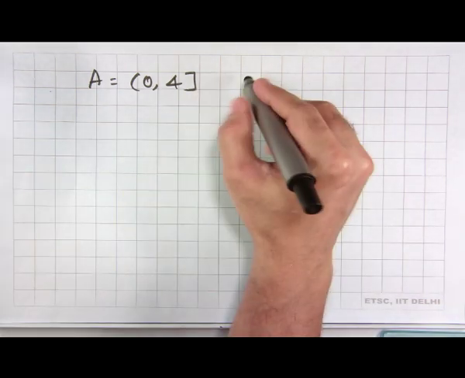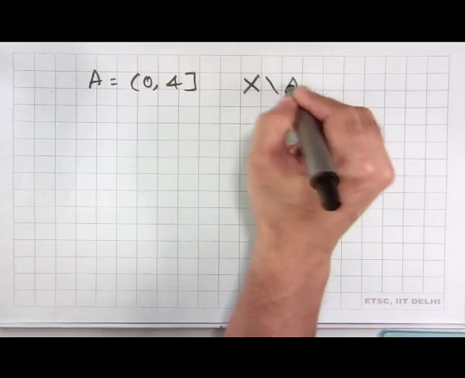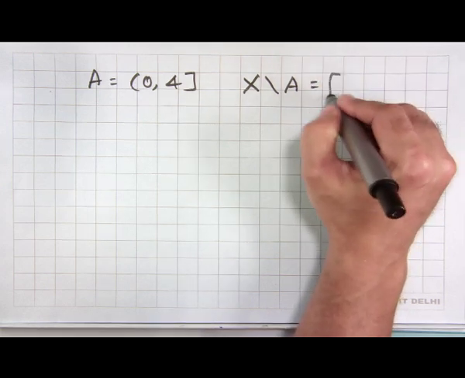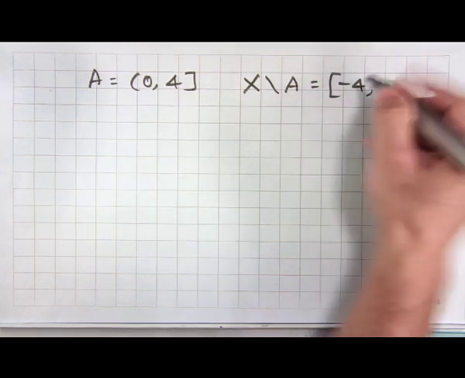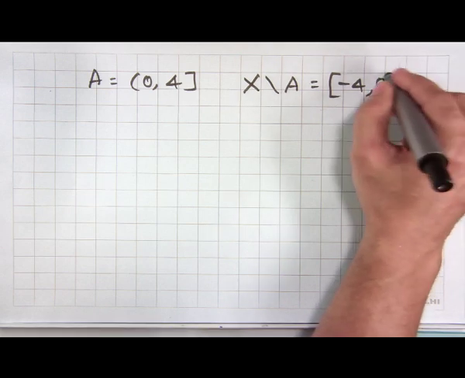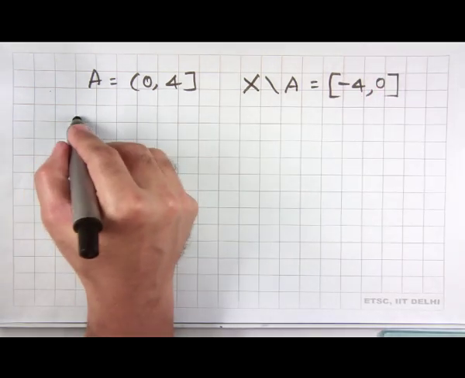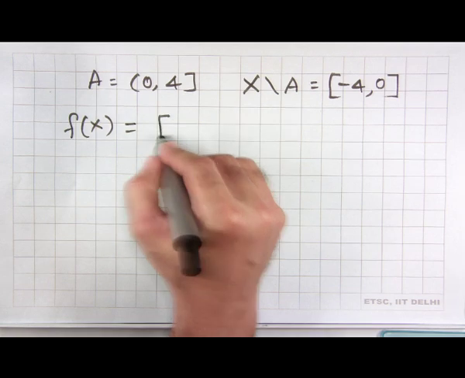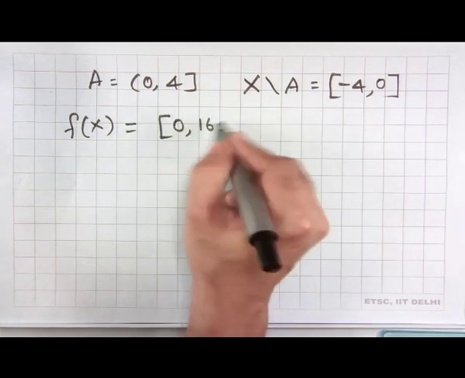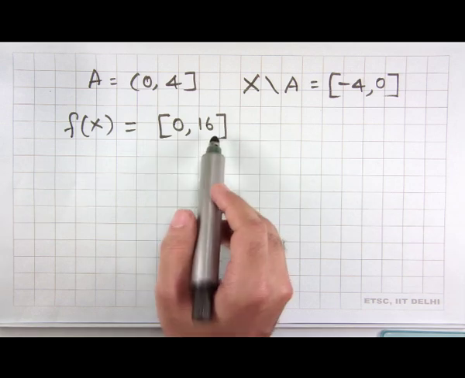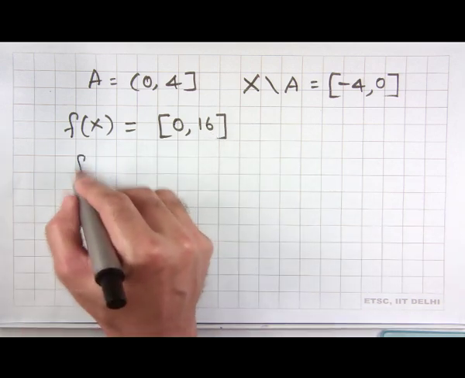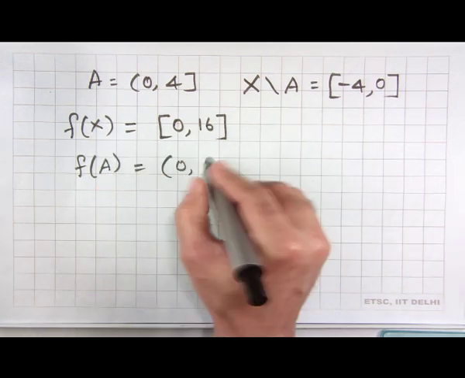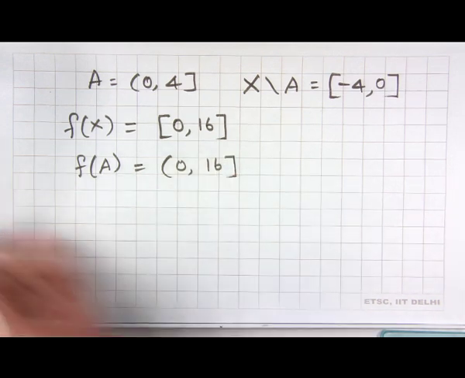Here, if you notice, X minus A, the complement of A in X, is going to be closed minus 4 to closed 0, and f X is exactly closed 0 to closed 16, while f of A is open 0 to closed 16. You have the whole thing.